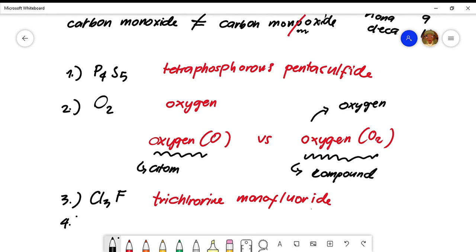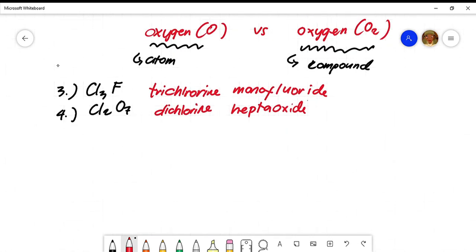And for the fourth example, we have Cl2O7. This is dichlorine heptaoxide. And then if we have SF4, we call this sulfur tetrafluoride.